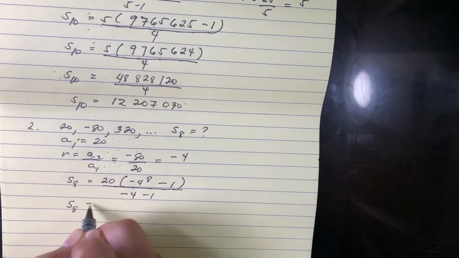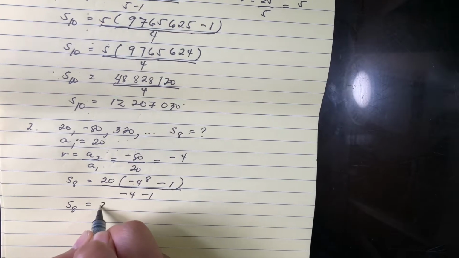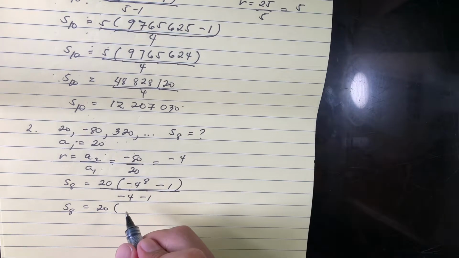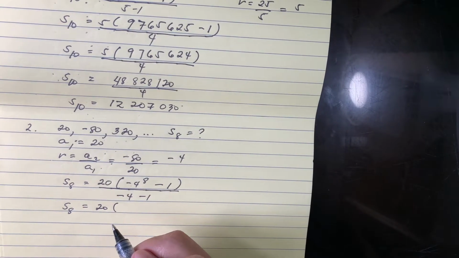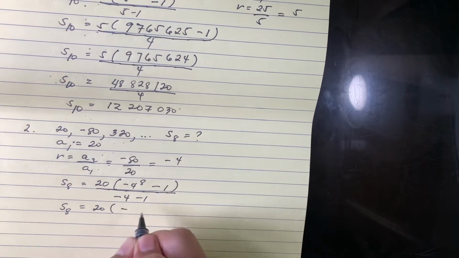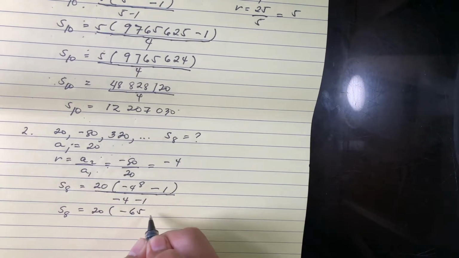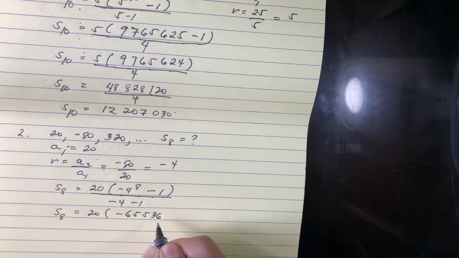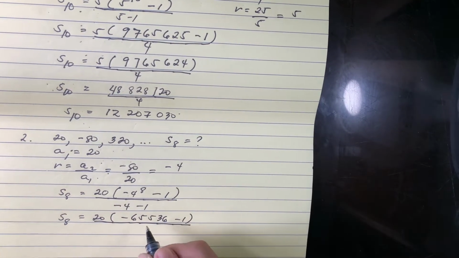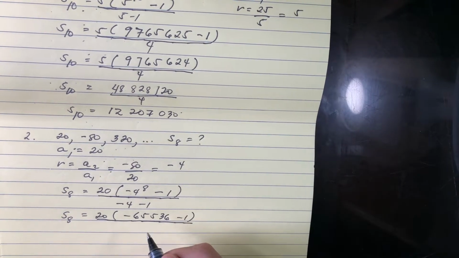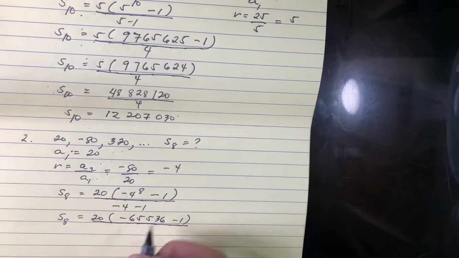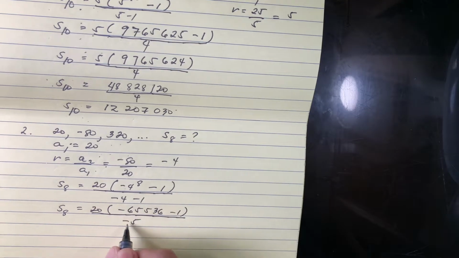So S sub 8 is equal to 20 times, what is negative 4 raised to the power of 8? Negative 4 raised to the power of 8 would be equal to 65,536, minus 1. Then dividing it by the difference between negative 4 and 1. So the answer here would become negative 5. Negative 4 minus 1 is negative 5.